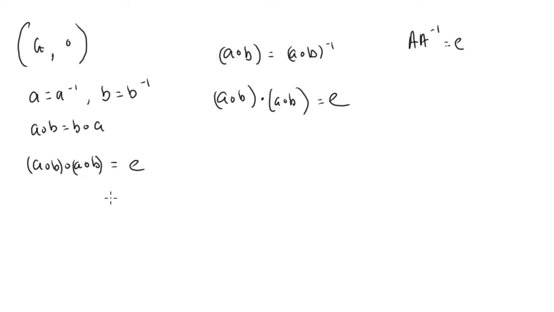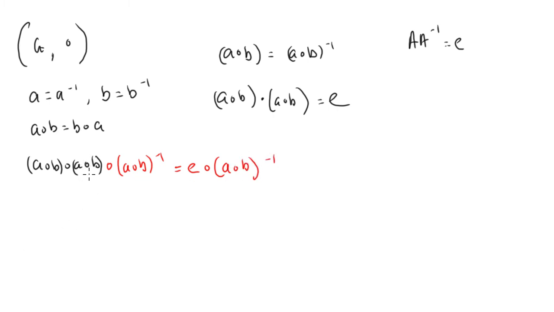I could go a step further now, and I could multiply both sides by the inverse of AB. In fact, I'll do that now. So I'll just multiply both sides in red by the inverse of AB, and this is equal to E times by the inverse of AB.